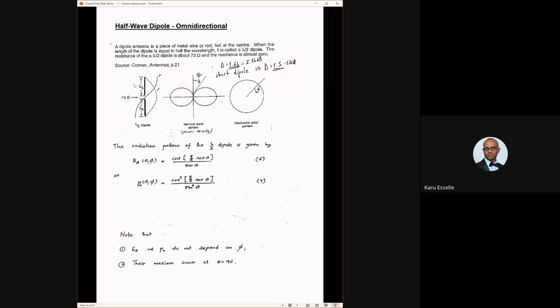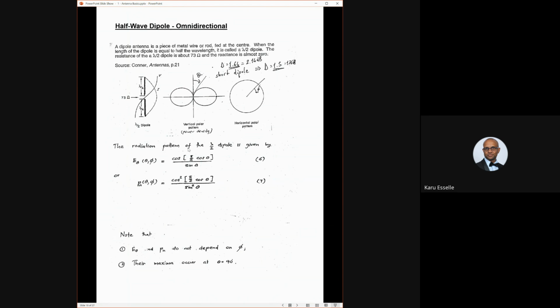In the vertical pattern cut, it has directivity, and that radiation pattern can be approximated by these equations. This is the radiated electric field, and this is the radiated power density, all normalized.